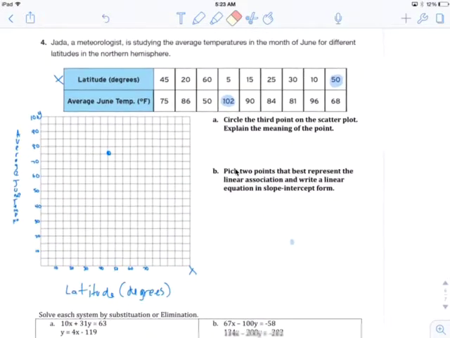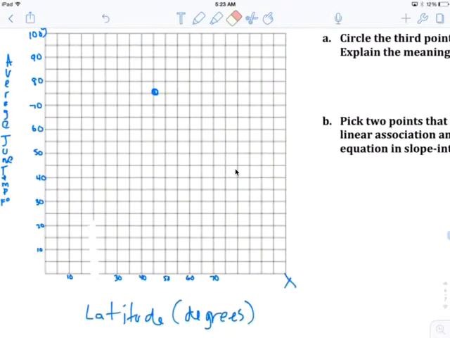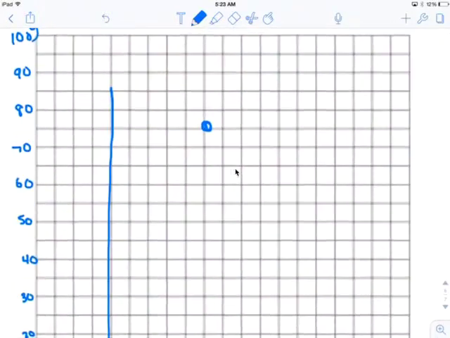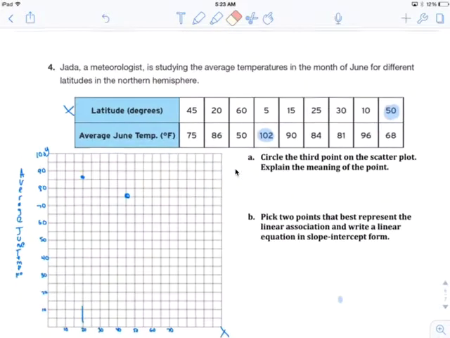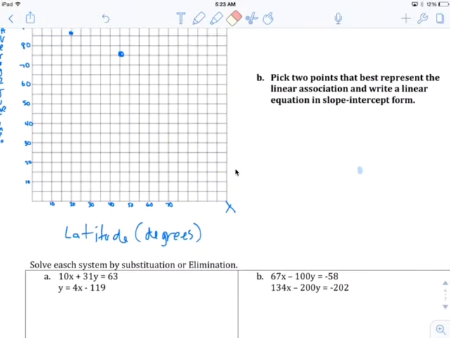20-degree latitude, 86 degrees, 20. Uh-oh, not erased. Go up to 86, just above 85. 60 latitude, 50 degrees.